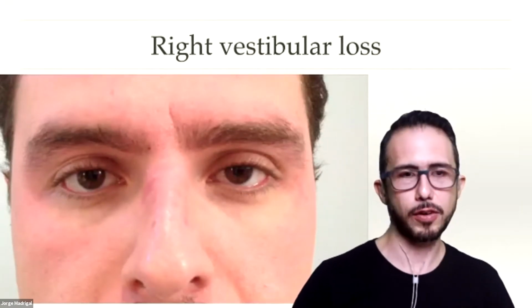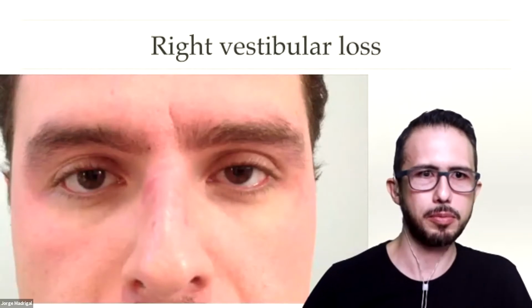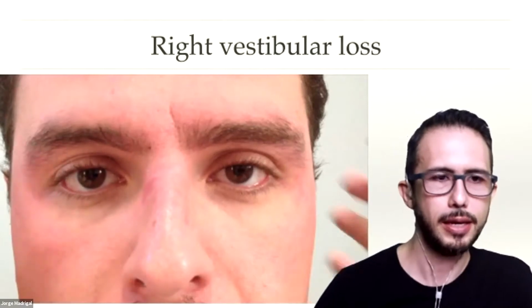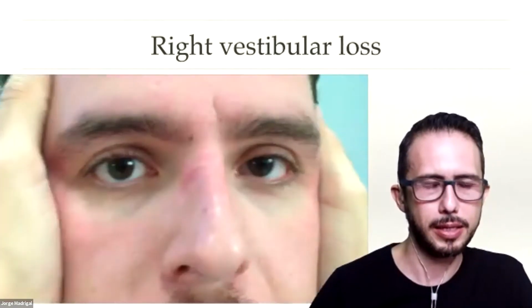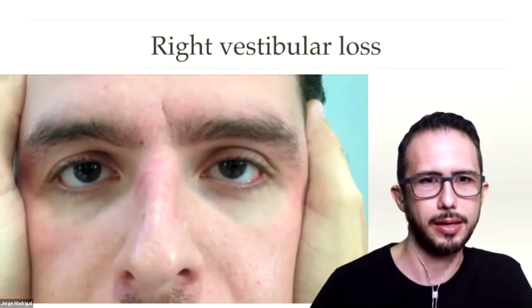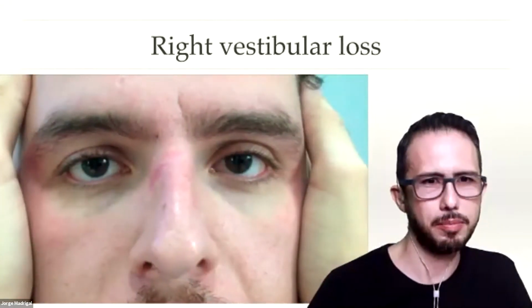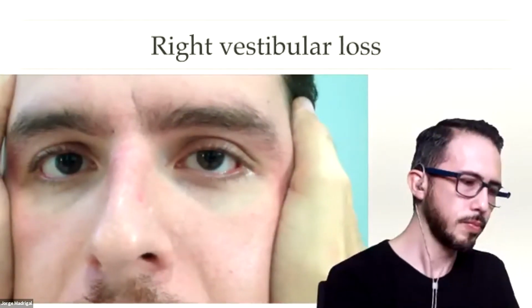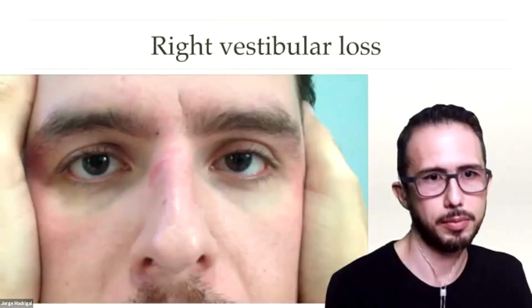In this case, for example, this is a patient with a right vestibular loss, right vestibular hypofunction due to vestibular neuritis. And we can see easily in the clinical head impulse test that there is a corrective saccade when we make the impulse test to the right. So he had a right vestibular loss.